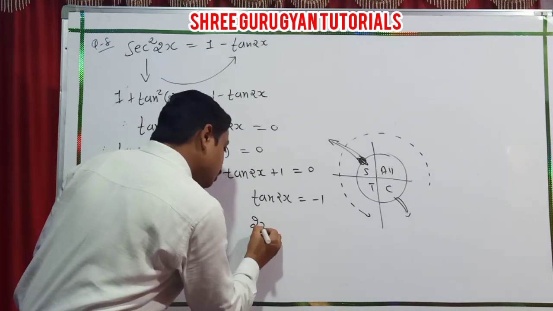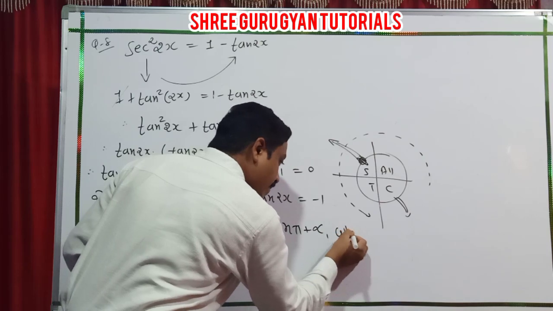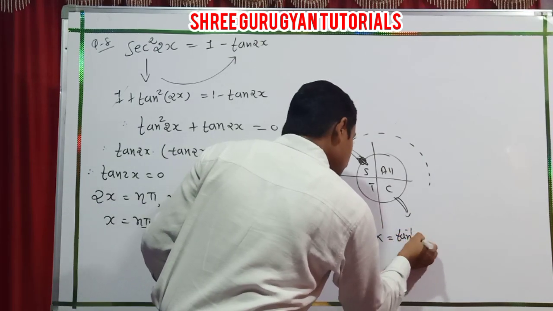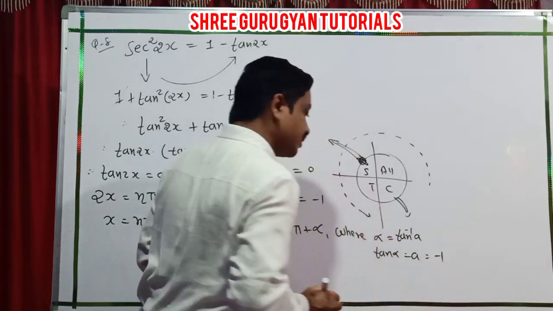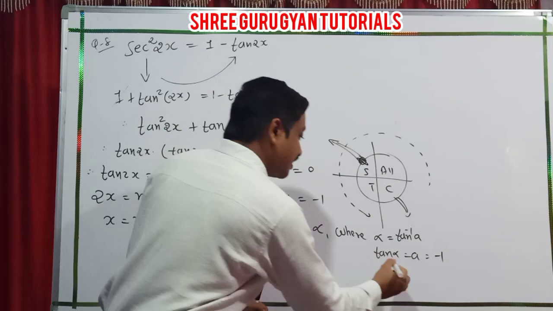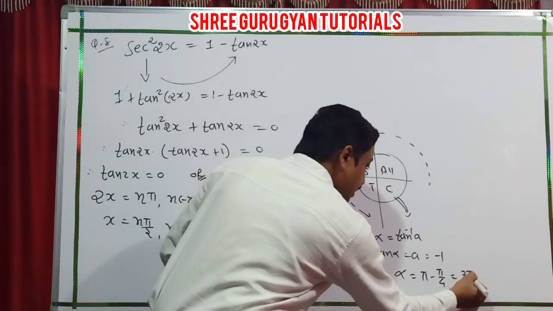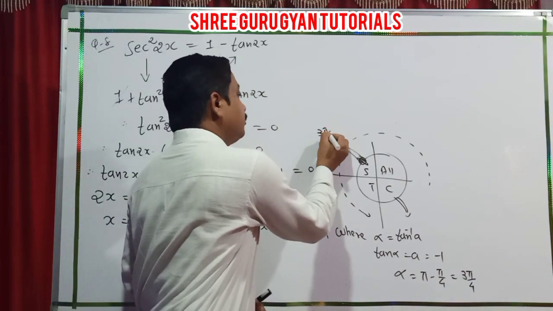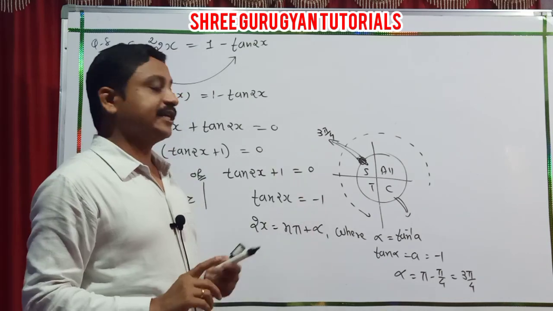So I write here 2x equals n pi plus alpha, where alpha is equal to tan inverse A. So tan alpha is equal to A, and what is A? Minus 1. That's why I wrote here pi minus pi by 4. My answer is 3 pi by 4. This angle 3 pi by 4 means 45, 45, 45, 135 degrees, in the second quadrant.